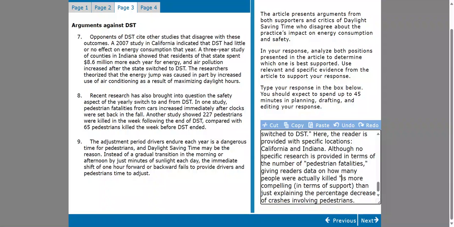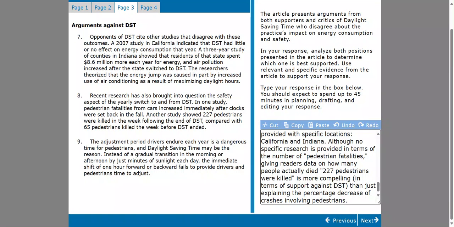So rather than saying killed twice, I can say giving readers data on how many people actually died, 227 pedestrians were killed is more compelling in terms of support against DST than just explaining the percentage decrease of crashes involving pedestrians.